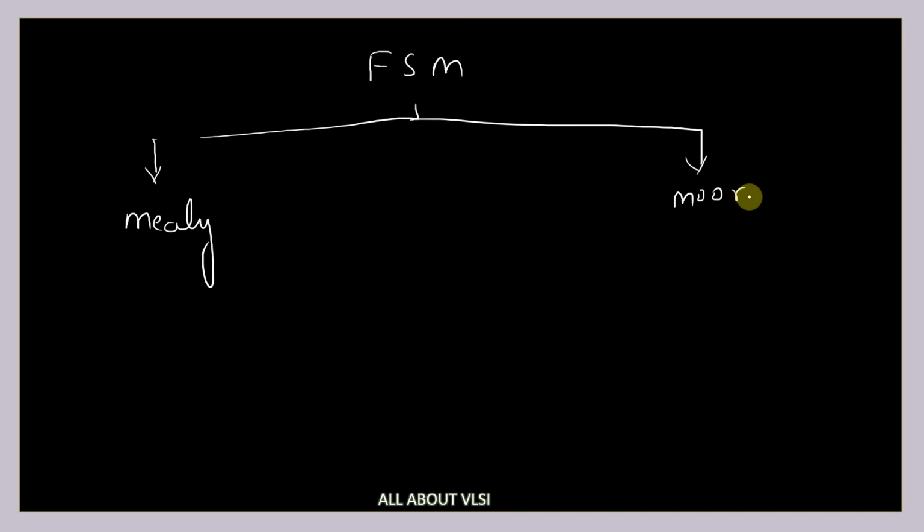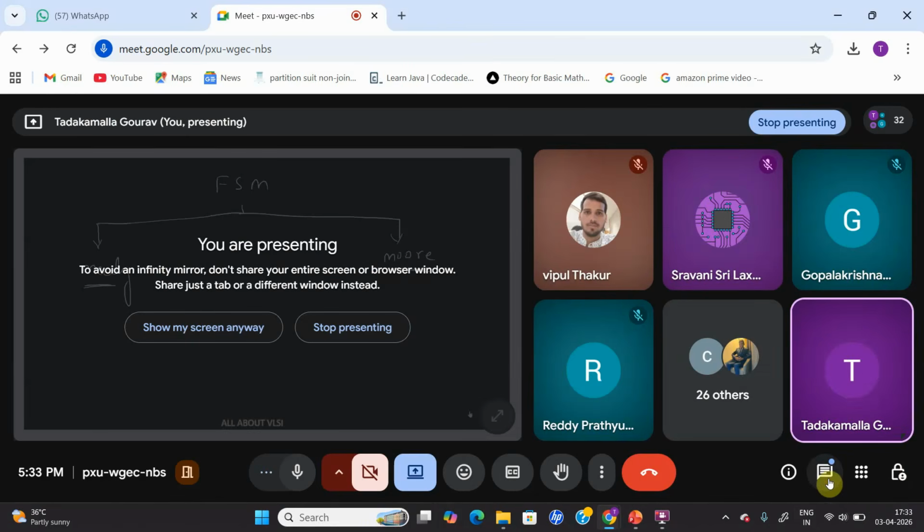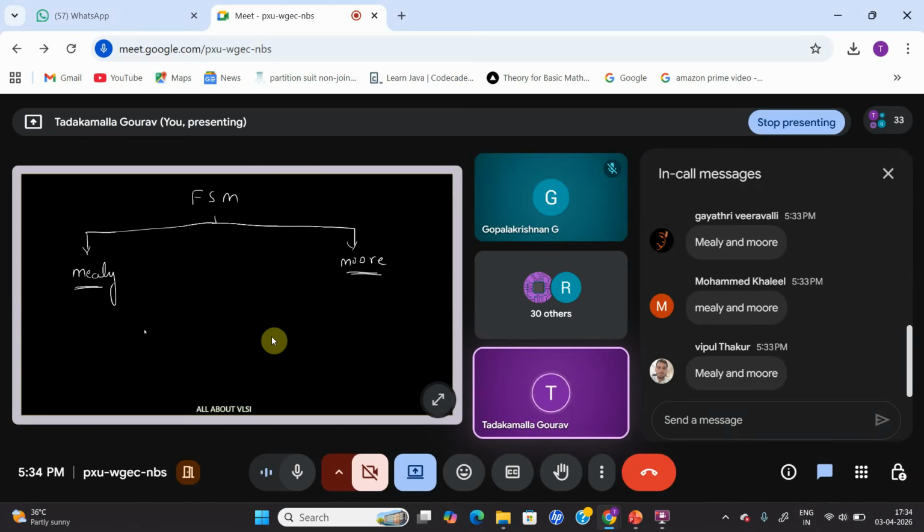Okay, that's great. Can you tell me what you mean by Mealy and what you mean by Moore? What do you understand by Mealy FSM and what do you understand by Moore FSM? Mealy has both input and output.